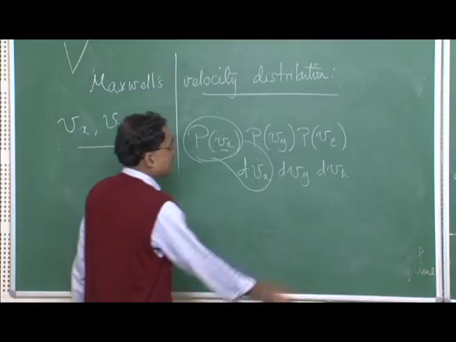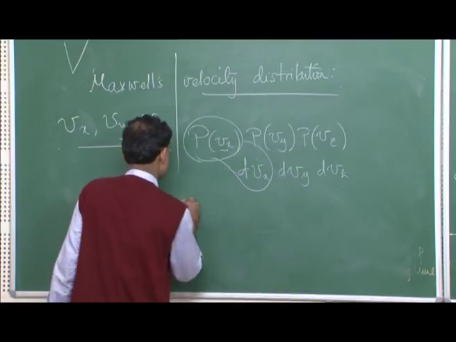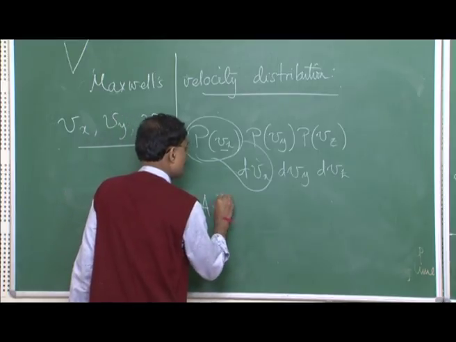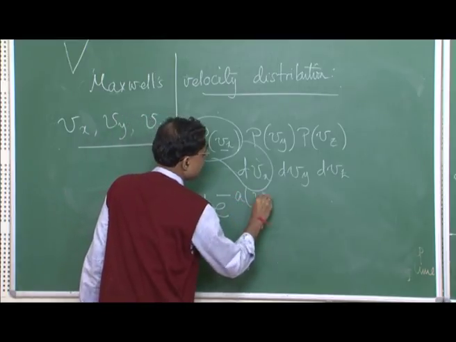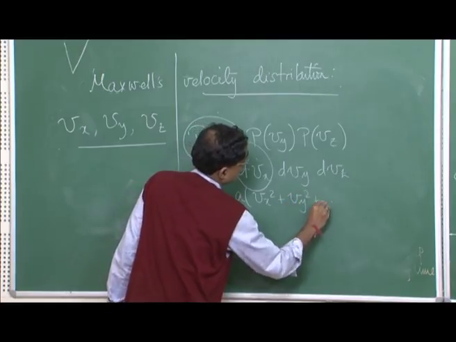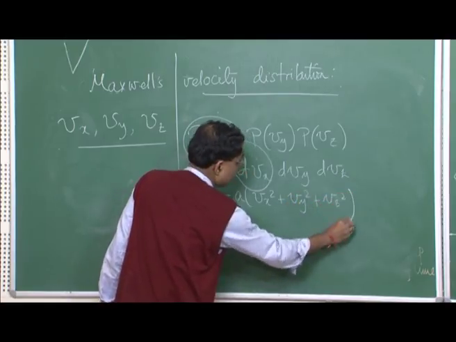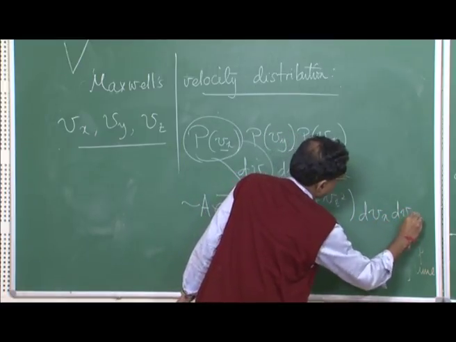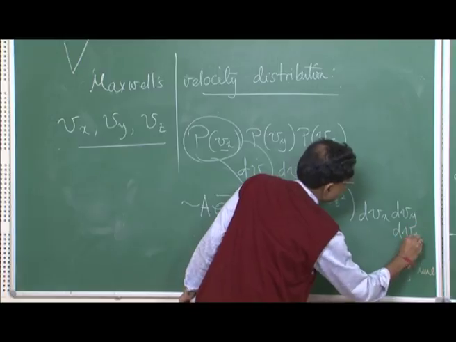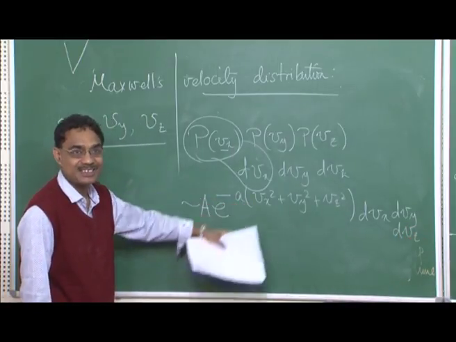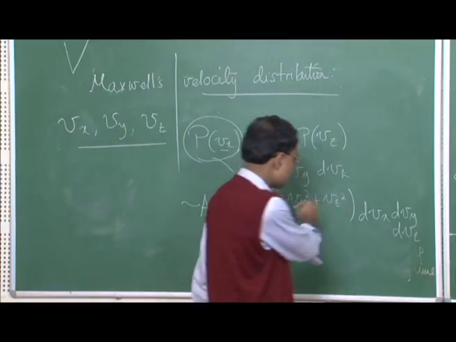This has a form which one can write, up to some constant A, as an exponential of Vx square, Vy square, Vz square. I am not telling you at the moment what this constant A is, but you can guess what its dimension should be from dimensional analysis.